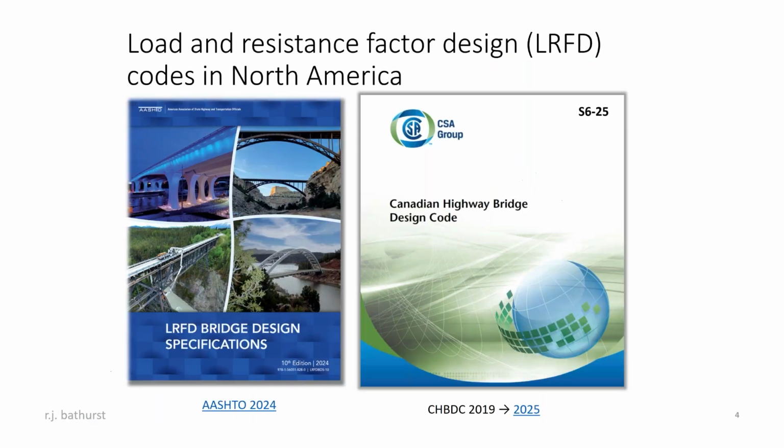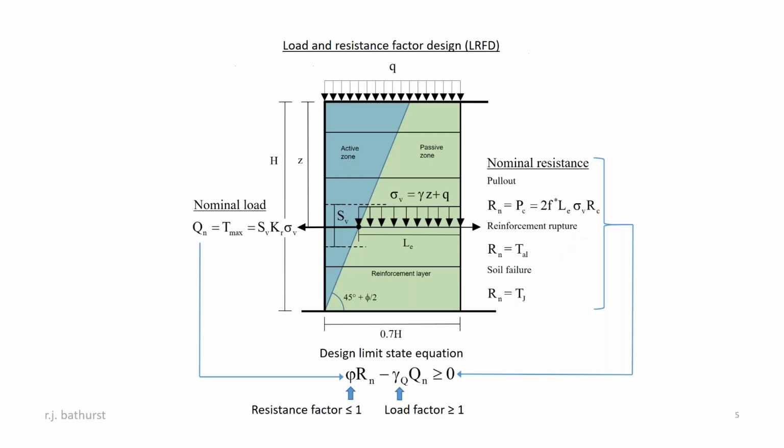So the stiffness method is incorporated in load and resistance factor design codes in North America. That includes AASHTO 2024 on the left-hand side, and in Canada, the Canadian Highway Bridge Design Code. And the essential description of the design limit state when you use LRFD is shown in this slide.